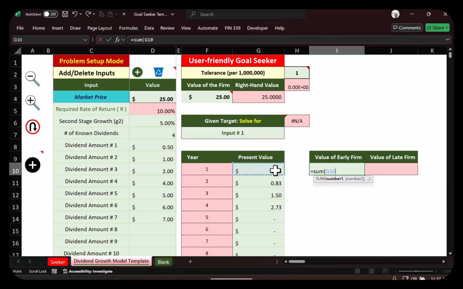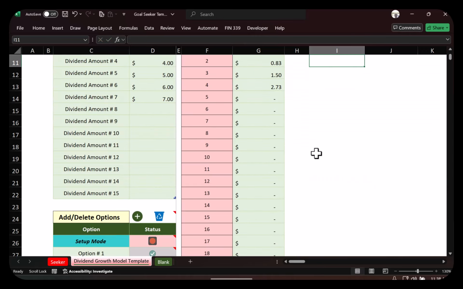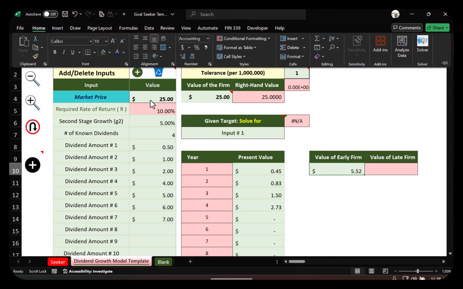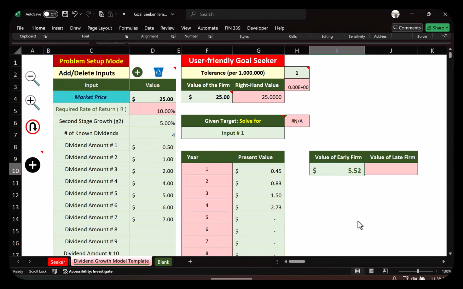I'm ready to calculate value of the early firm. Sum of all these present values, Control Shift down, and I decided that this is a bold number, it's a little bit big, and it has also dark green color.